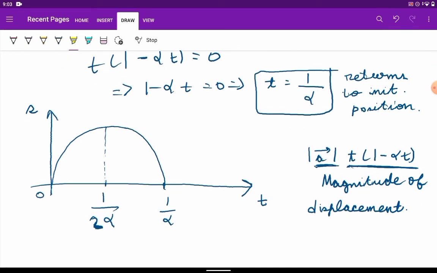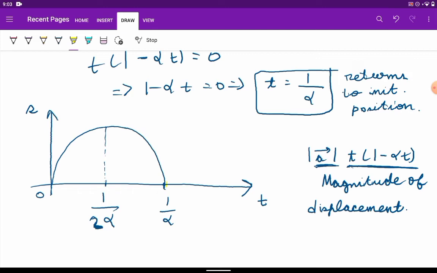So it keeps moving in one direction, then at 1 by 2 alpha the velocity becomes 0 and it reverses its direction. From the slope, this curve is initially positive, then at 1 by 2 alpha it becomes 0, then it starts becoming negative and the magnitude keeps on increasing till at 1 by alpha it is at the origin.